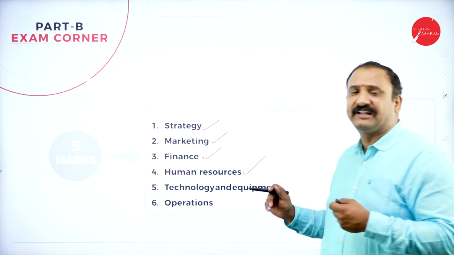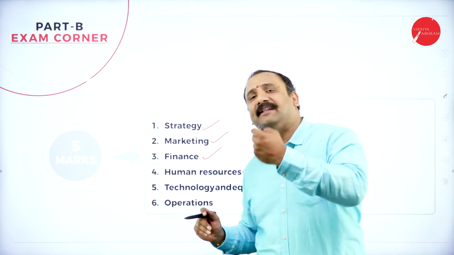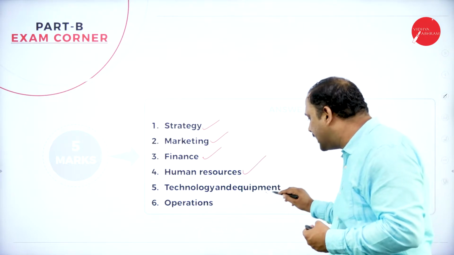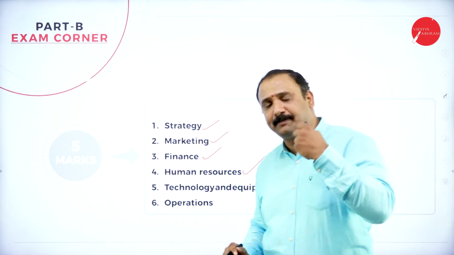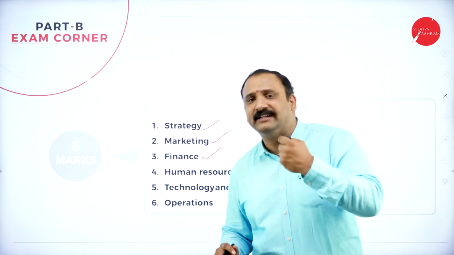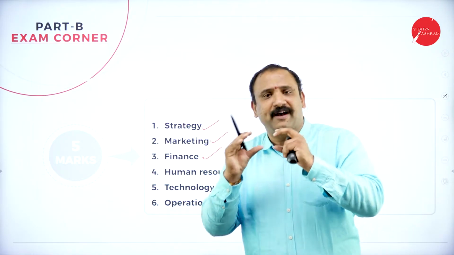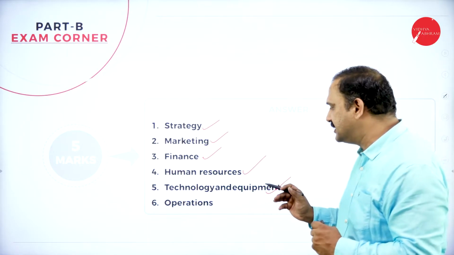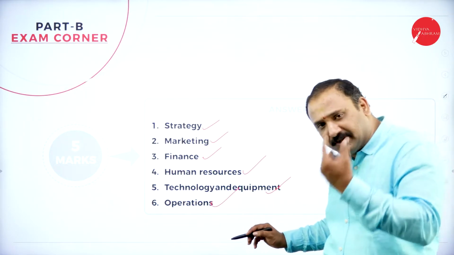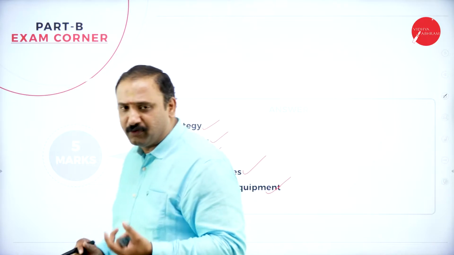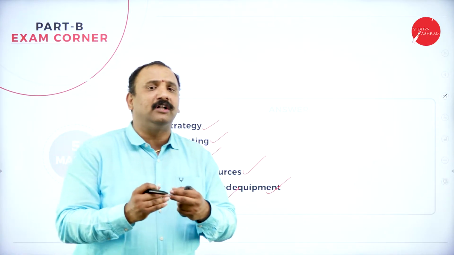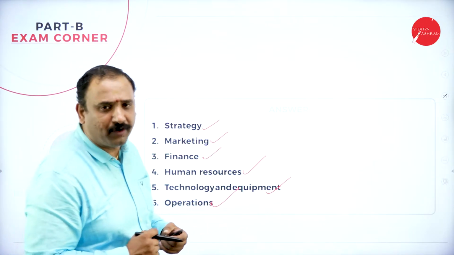Human resources is a team that will manage the people and their abilities. Technology and equipment is a team that will manage the production and help in running the software and all the modern technology that is needed. Operations is more concerned with the production happening at the floor level. It involves the day-to-day operations of the company.